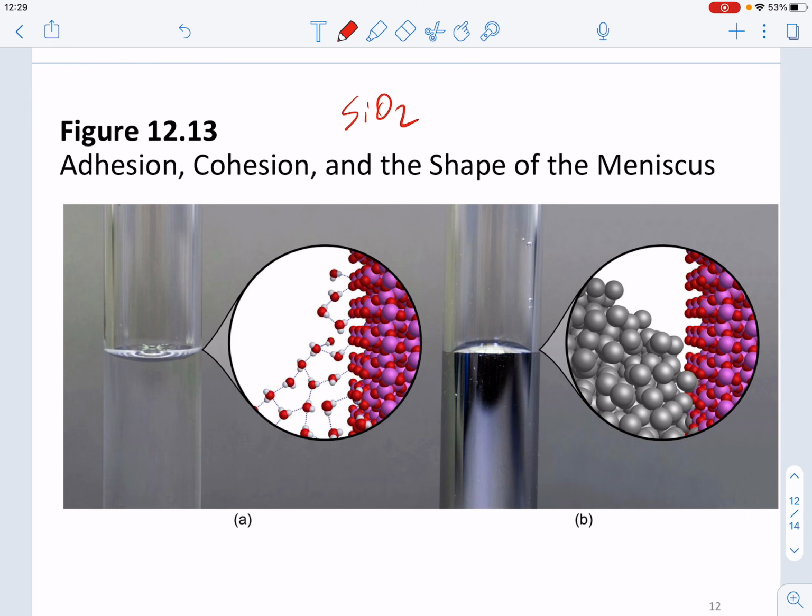And the oxygens here will have available lone pairs that can interact with the hydrogen in the water. Okay? So basically, between the water and the walls of this glass tube, you have strong adhesion forces because you have sort of hydrogen bonding.